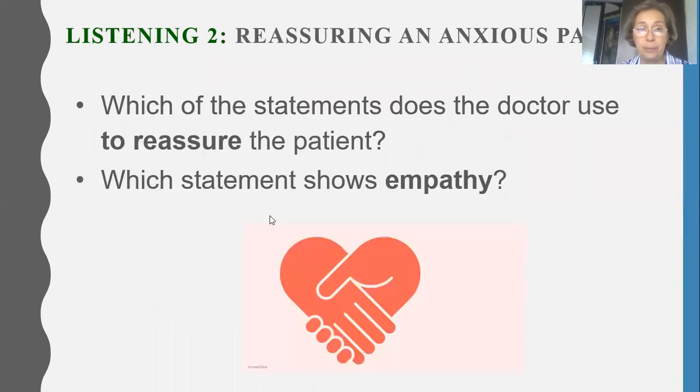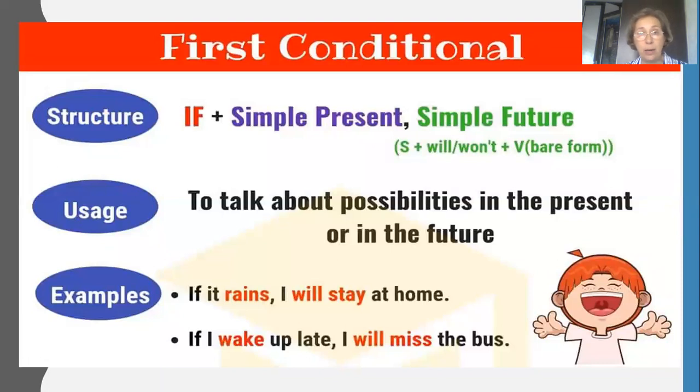Okay, and now we come to the language spot, and this is the information about conditional sentences. You know that in English there are several types of conditional sentences. Actually, 3 main, or we can say 0 conditional plus 3 other different types. And today we'll speak about the first conditional and second conditional.